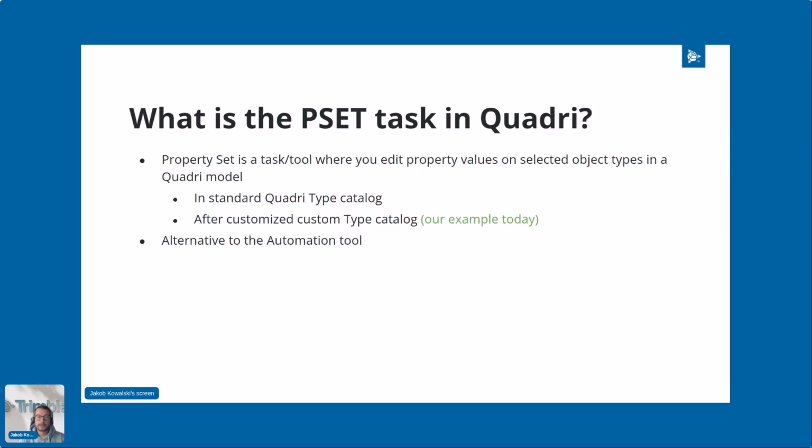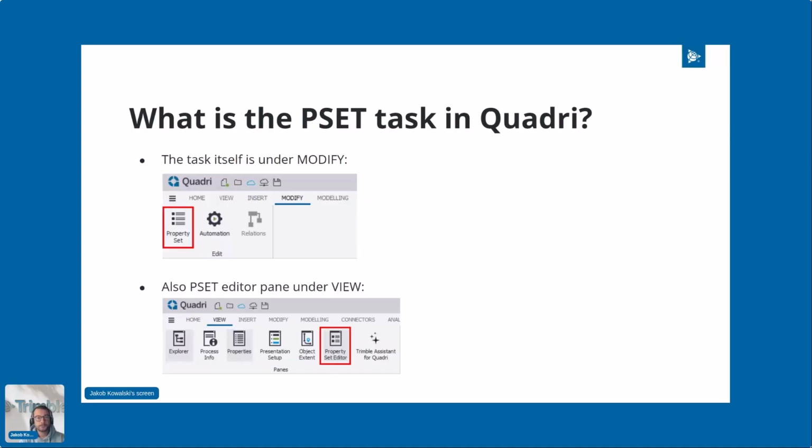And this property set task is an alternative to the automation tool, which will be shown by my colleague Kieran in a later session, after this one. So this is also about how to work with the properties and attributes. The task itself you find under modify, but you also have the pset editor or property set editor pane under view.